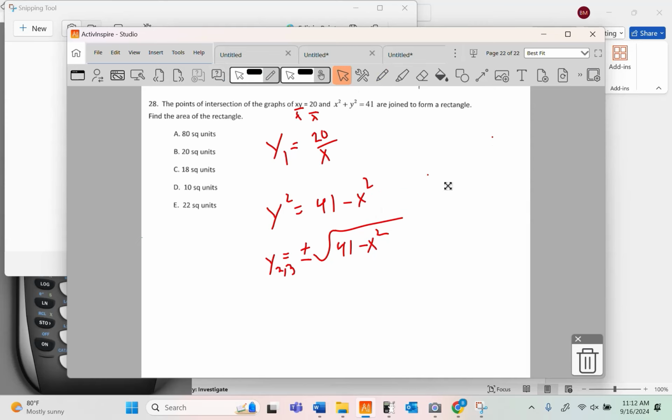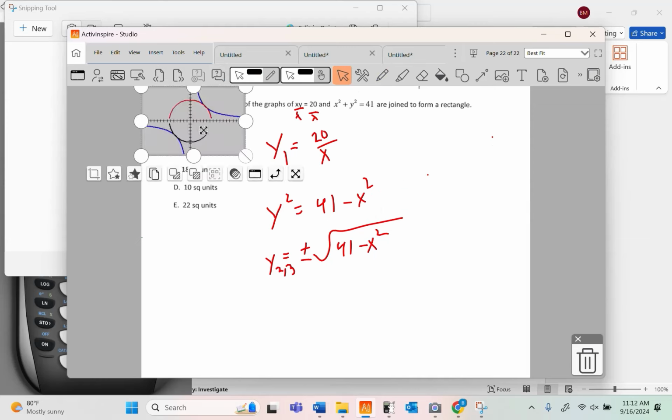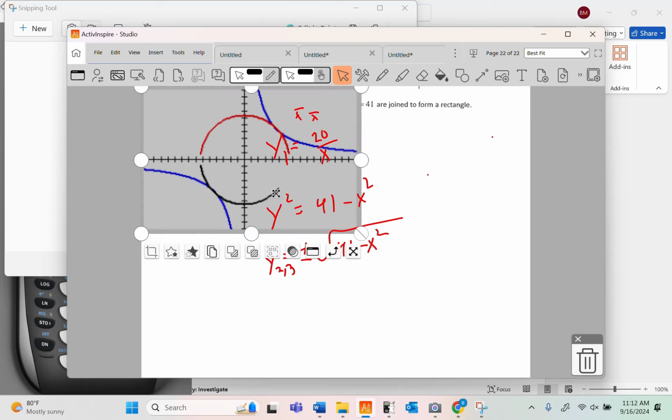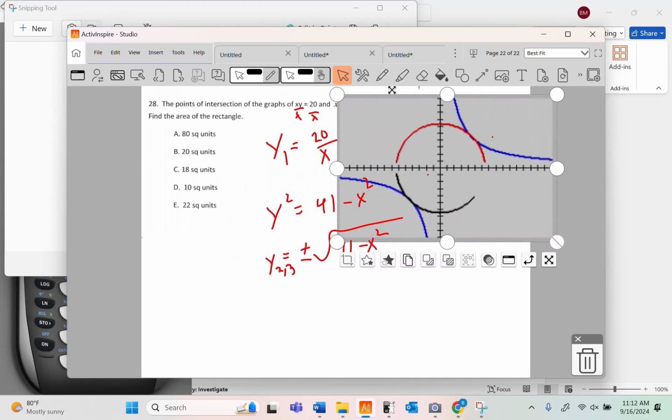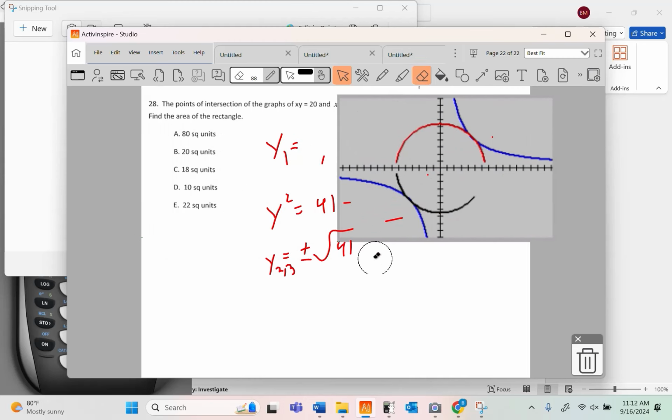That'll make more sense for you. So what we're going to do is connect these dots together to form a rectangle.